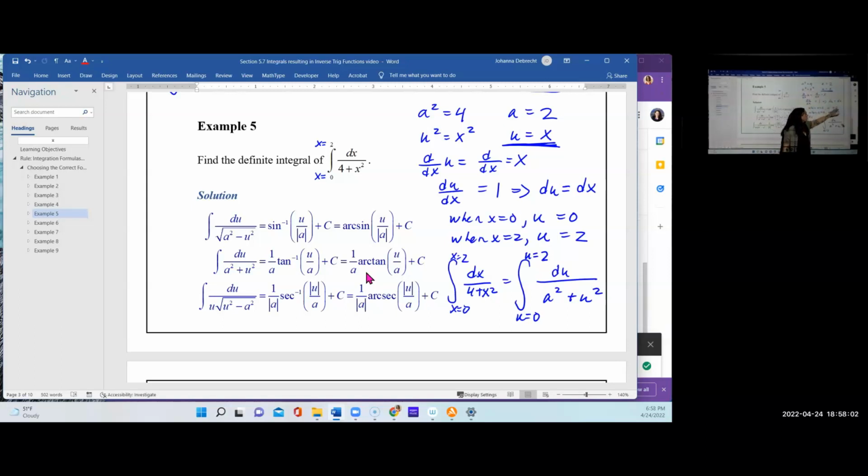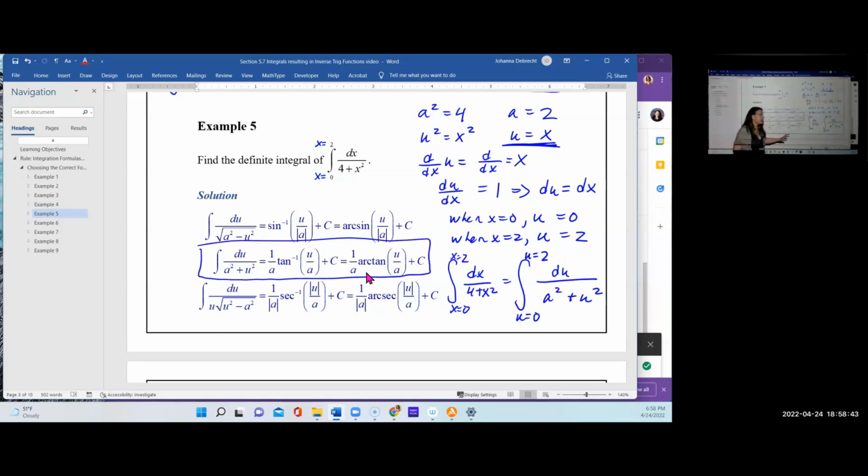I substituted u equals 0 for x equals 0 and u equal 2 for x equal 2. Now I wrote the x equal and the u equal on the limits of integration to emphasize that we're going from x values to u values. The differential is du, so the limits of integration must match. Now the formula looks identical to the formula we have for the one involving arctangent in the antiderivative function. Let me draw a box around it to make it stand out.